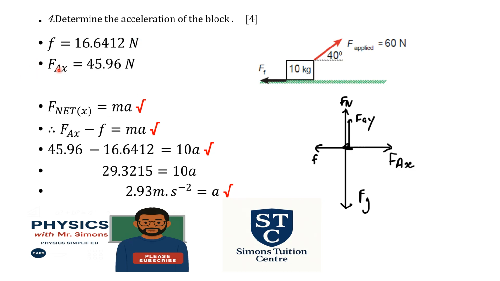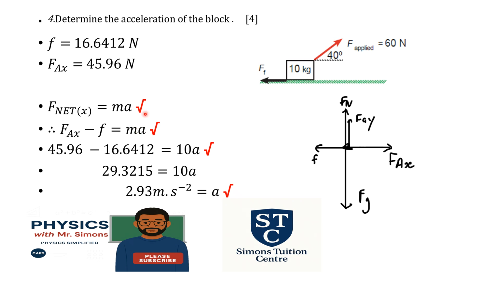We got the applied force in the x direction as 45,96 newtons. As you can see, I have FAX going to the right, and friction going to the left. Those two are going in opposite directions, so I'm going to say FAX minus friction, if I take right as positive, equals ma.